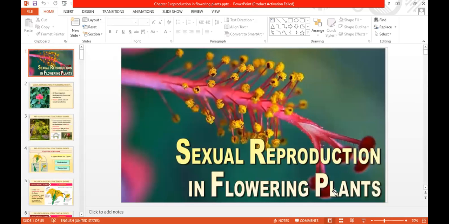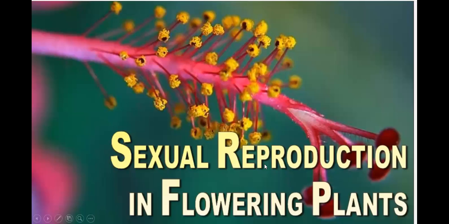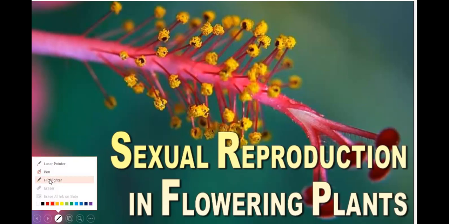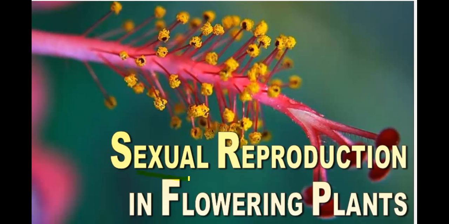So we'll be discussing chapter number 2, sexual reproduction in flowering plants. Flowering plant means angiosperm.